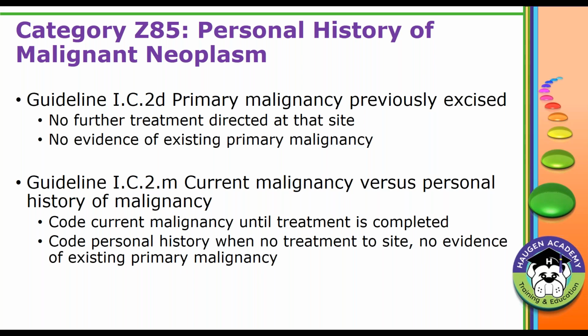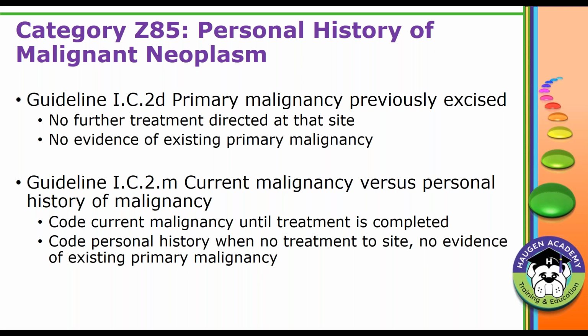When a primary malignancy has been previously excised or eradicated from its site, there's no further treatment directed to that site, and there's no evidence of any existing primary malignancy, that's when you can use a code from category Z85, personal history of malignant neoplasm. Any mention of extension, invasion, or metastasis to another site is coded as a secondary malignant neoplasm to that site.